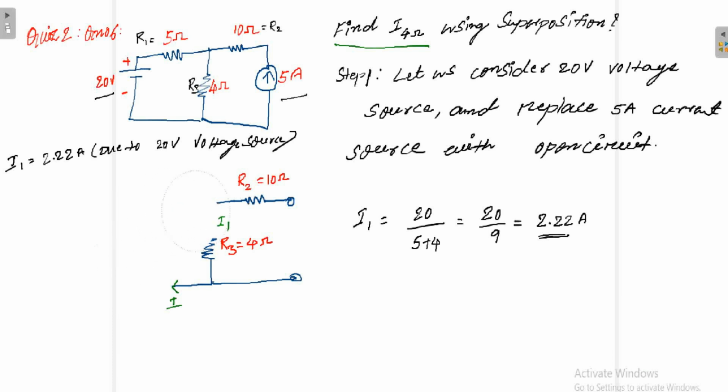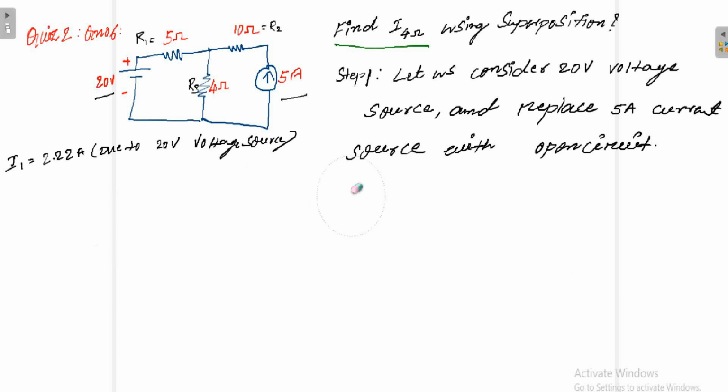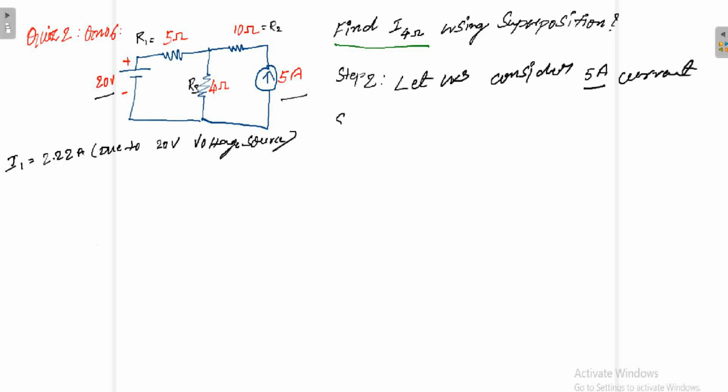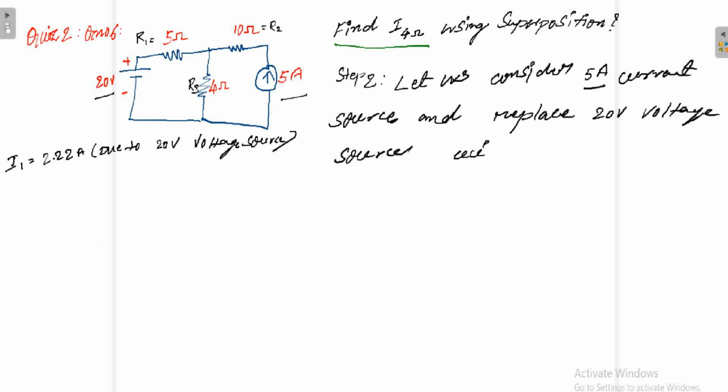Now let us apply step 2. Step 2. Let us consider the 5 amps current source and replace the 20 volts voltage source with a short circuit.